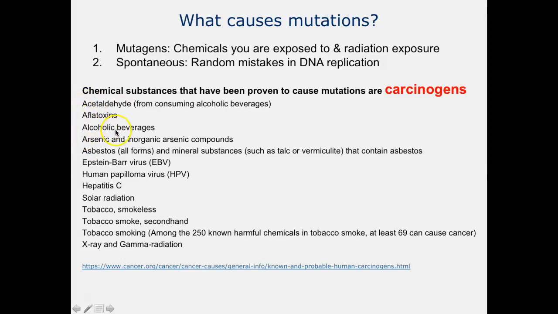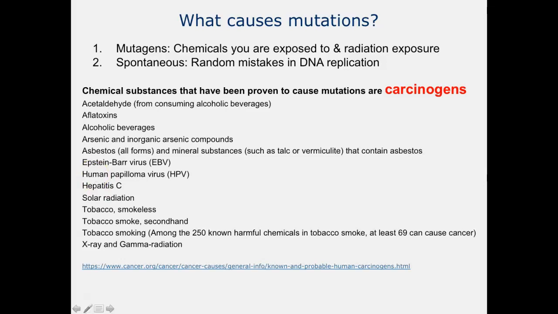Like alcoholic beverages, arsenic, asbestos, but also acetaldehyde, aflatoxins, this is from mold, but also there are viruses, right? Epstein-Barr, human papillomavirus, hepatitis C. When you're infected with those viruses, they can actually push for changes in the DNA and cause mistakes to build up in your DNA.